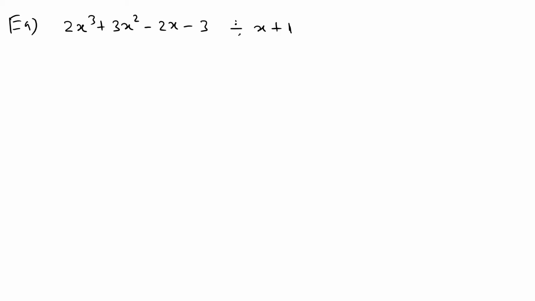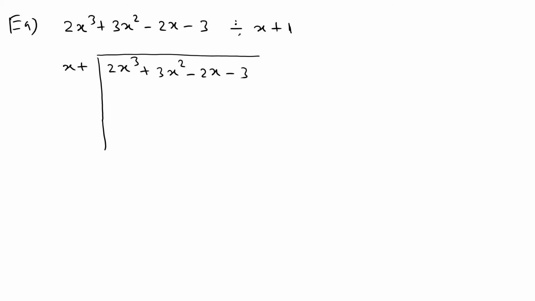So we can write the terms. You can see everything is there. So it is 2x cubed plus 3x squared minus 2x minus 3 divided by x plus 1.